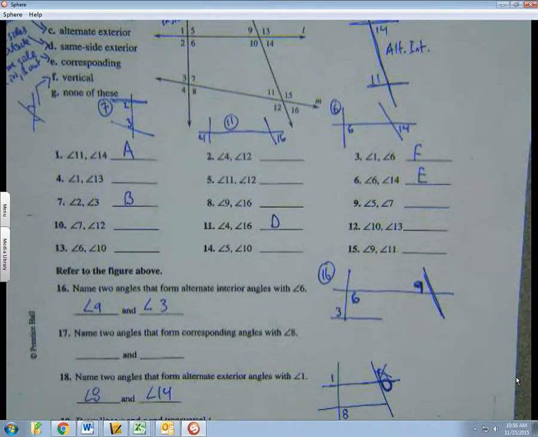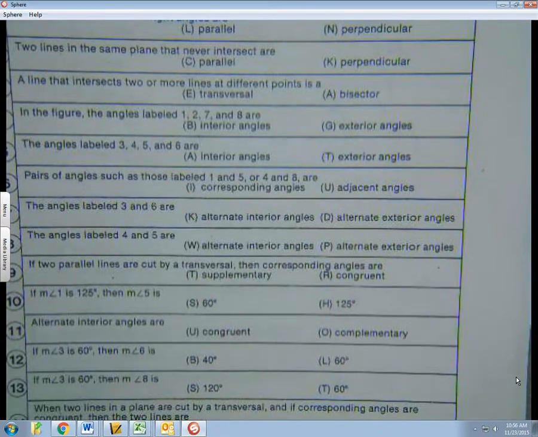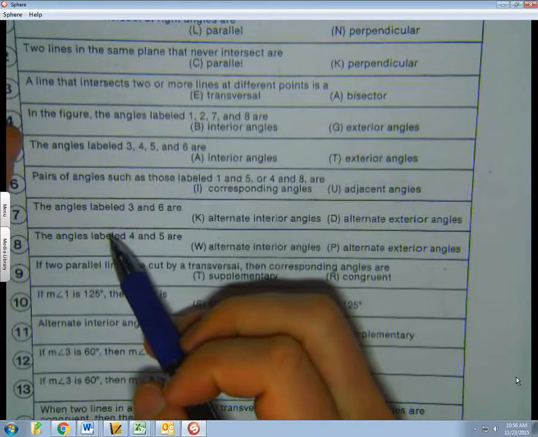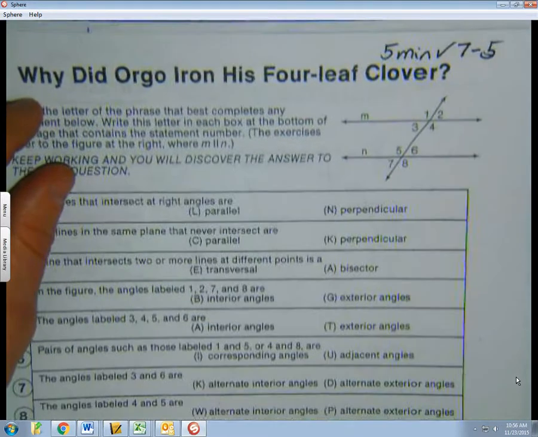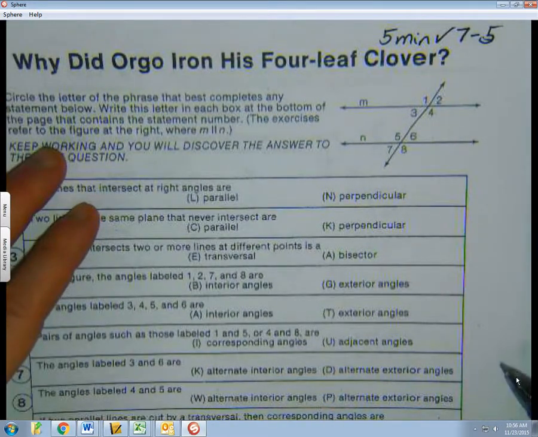A couple more from the back. There's Pizzazz. Why did Orgo iron his 4-leaf clover? I'm sure that's going to be a funny joke. Let me just get that out in the open straight away. So the angles labeled 3 and 6. Let's try that one. So I'll draw a little sketch here. 3 and 6.